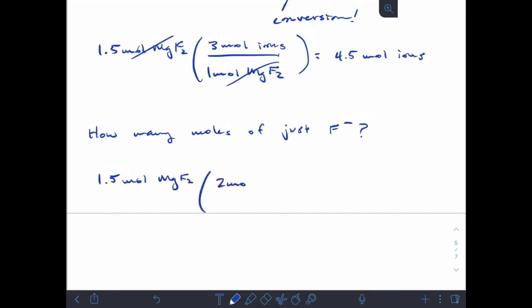I have 2 moles of F minus for every 1 mole of magnesium fluoride. So just fluoride ions, I've got 3.0 moles.